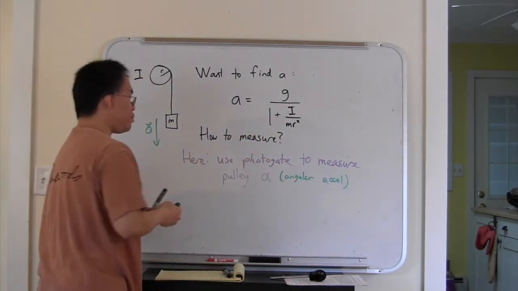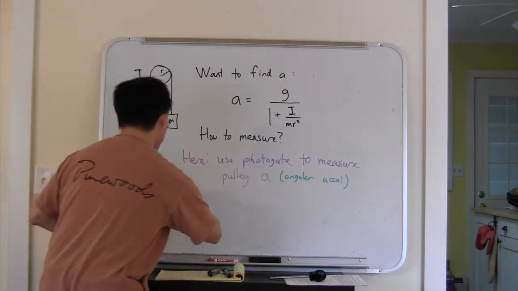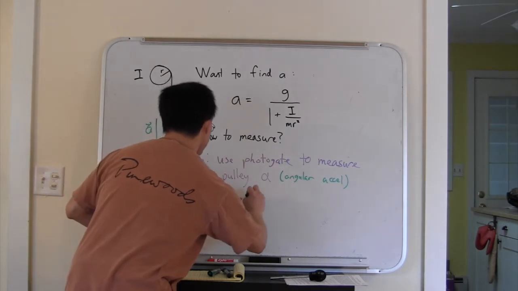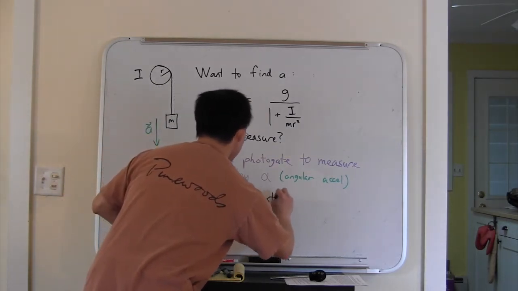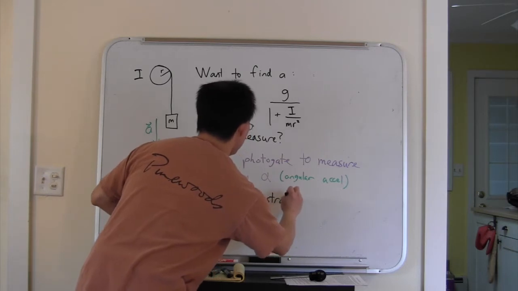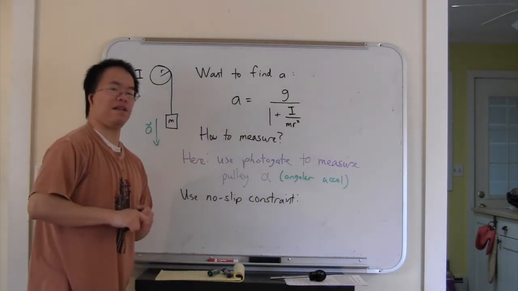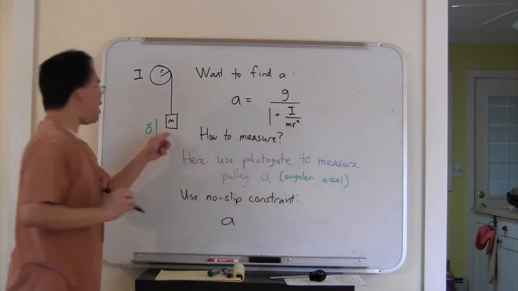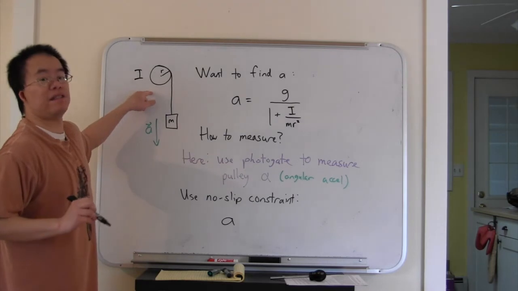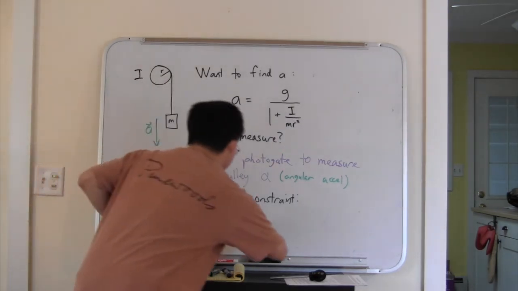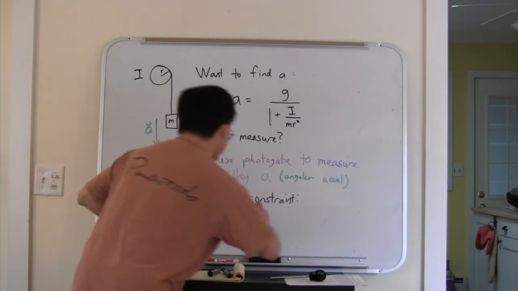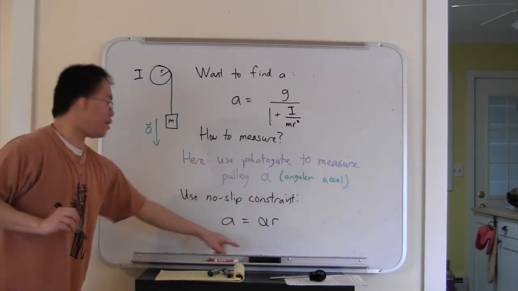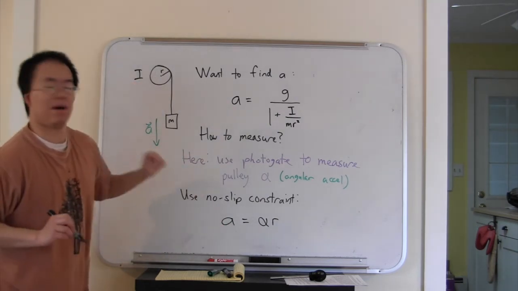And then what we'll do is we'll use the no slip constraint, and that gives the following: the magnitude of the mass's acceleration is related to the magnitude of the angular acceleration via A equals alpha times r, where r is the radius of our pulley.